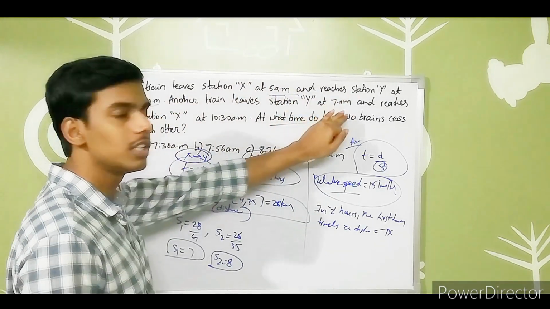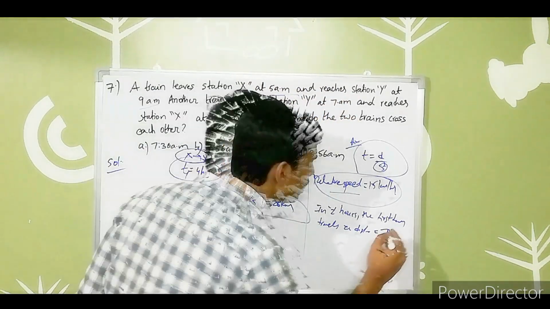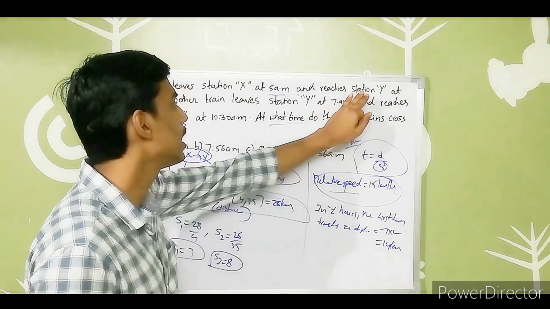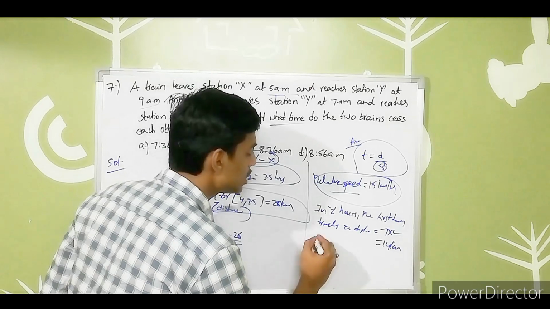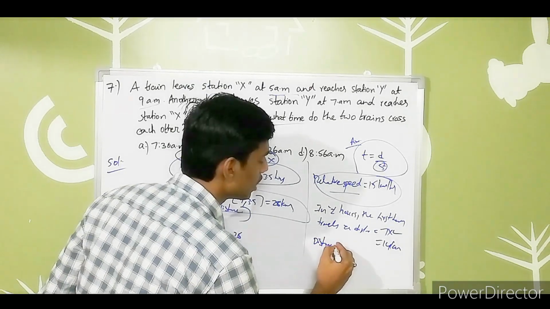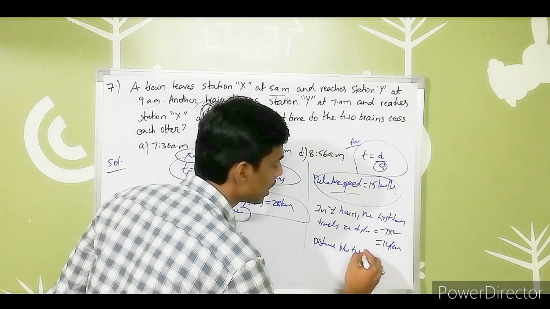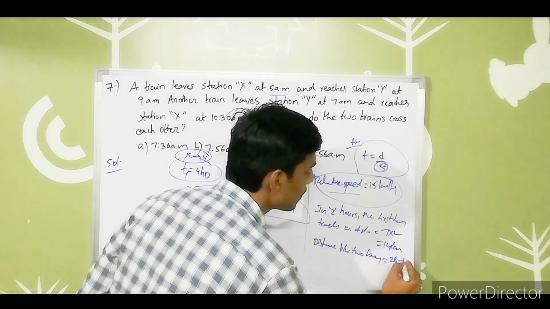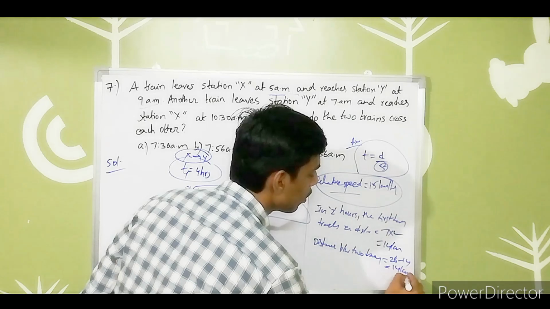Distance is speed into time, so 7 into 2 is 14 kilometers. So the distance between the two trains is 28 minus 14, which is 14 kilometers.